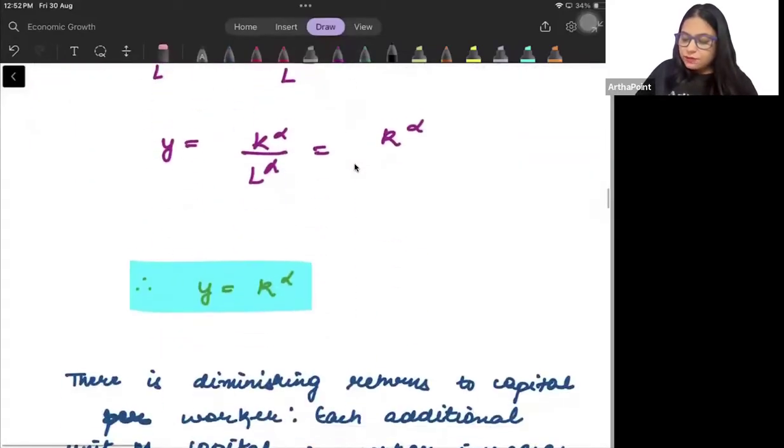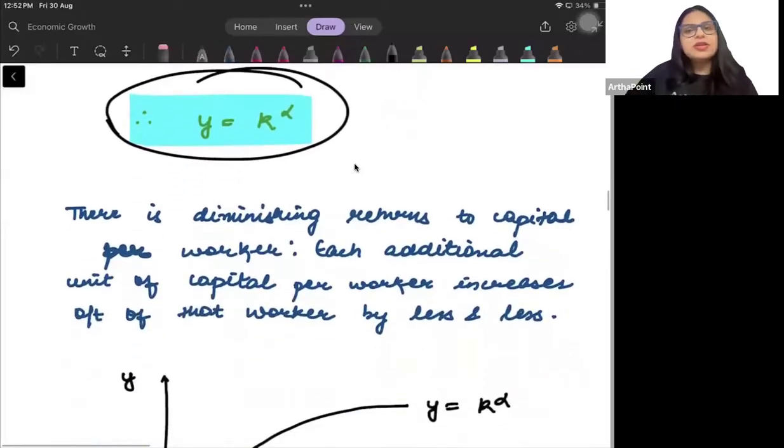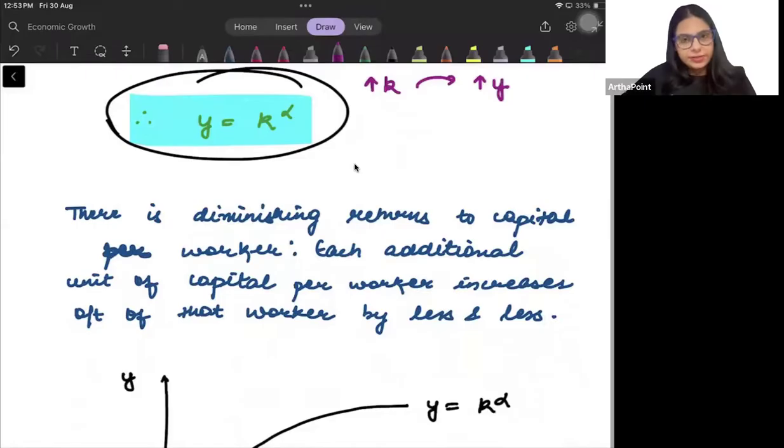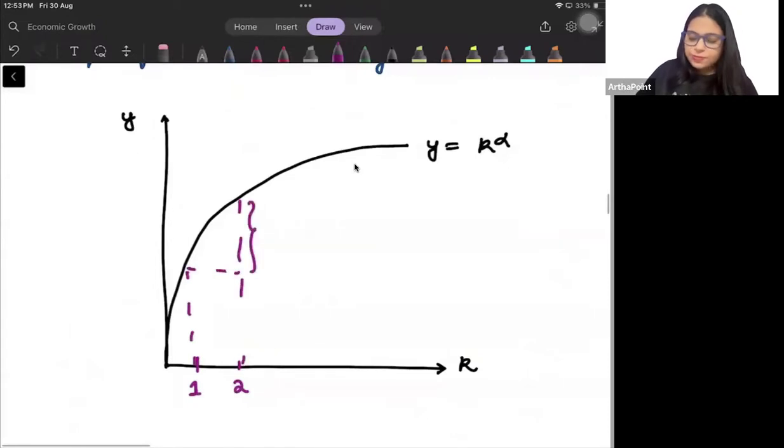Now, once we get this model, we still assume that there are diminishing returns to capital, but now it is diminishing returns to capital per worker. That means as I increase capital per worker, output will increase, but at a lesser rate. Okay? So when I initially increase small k from 1 to 2, look, output is increasing by this much amount.